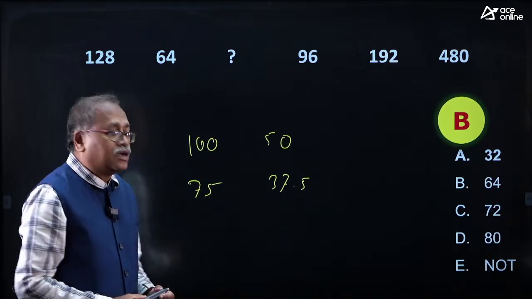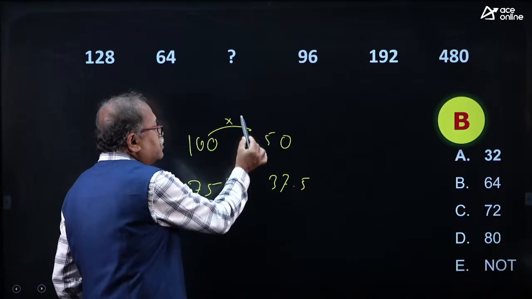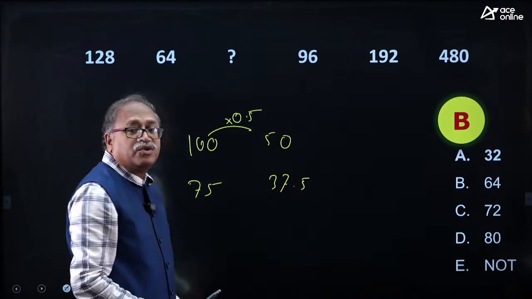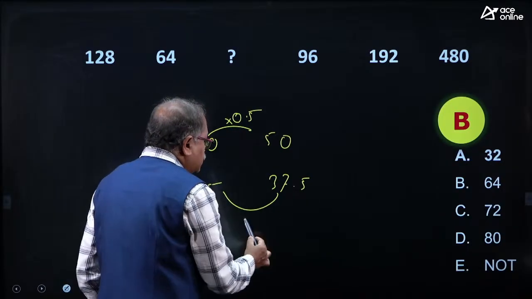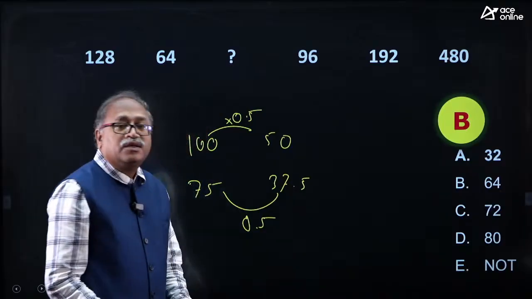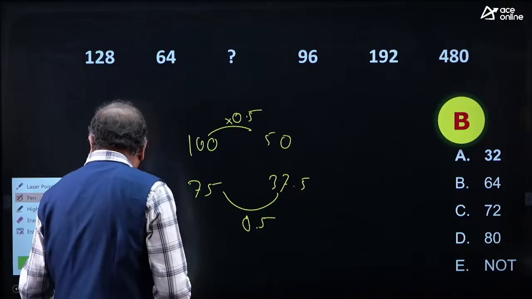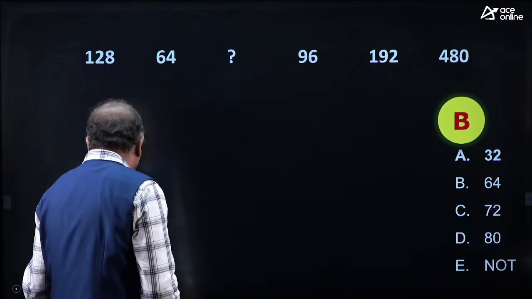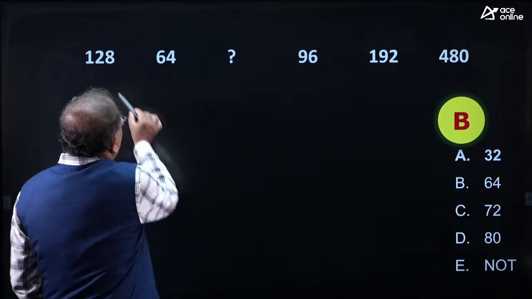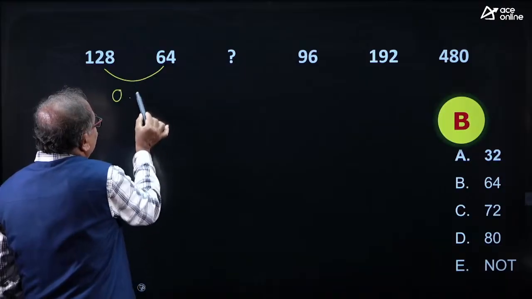Appal Naidu will say, Mr. Narendra, you are simply multiplying this by 0.5. That means half of it. In number series, this is one of the best clues we apply here, and I think he must have applied that clue. Let's look at this one. I noticed that it is 0.5.